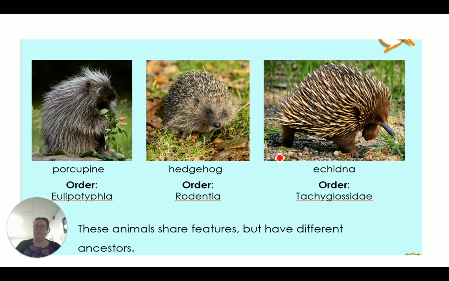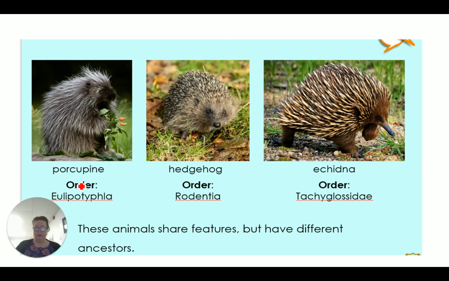However, when you look at their DNA, they're not related at all. They've just evolved in different places. Okay? And they've evolved separately, and they just happen to end up all with spines. So if you look here, they're all different orders.